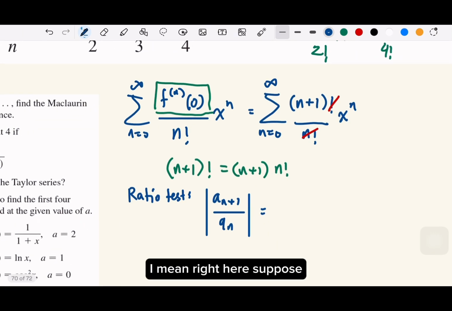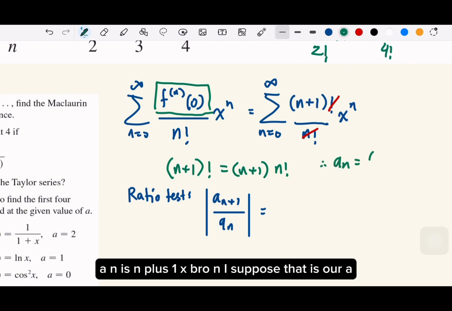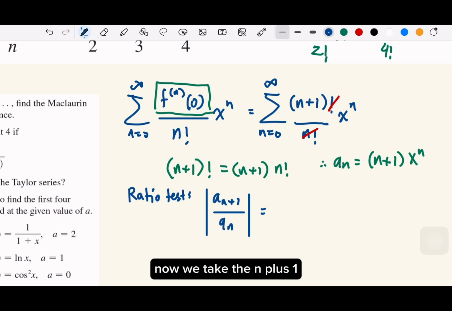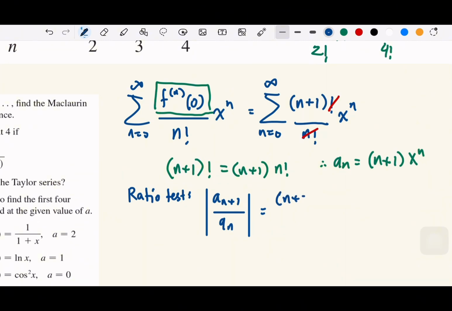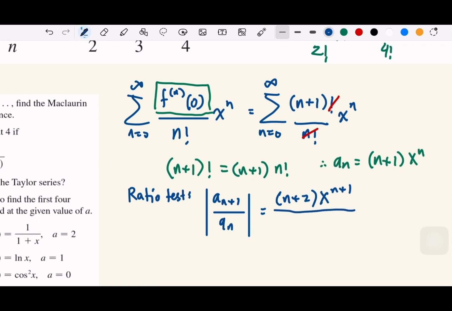So suppose a_n is (n+1)x^n. Now we take the n+1 term, so n+1+1, n+2, times x^(n+1), divided by (n+1) x^n.